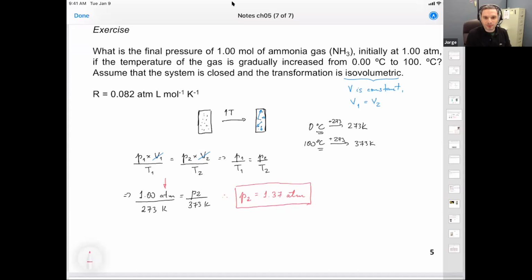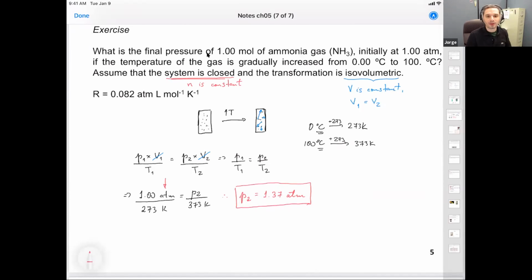Okay, so we have a question here in the chat. So, does the number of moles not change anything in this type of equations? Yes, exactly. Because we are working with a closed system, so that means the number of moles is always constant.